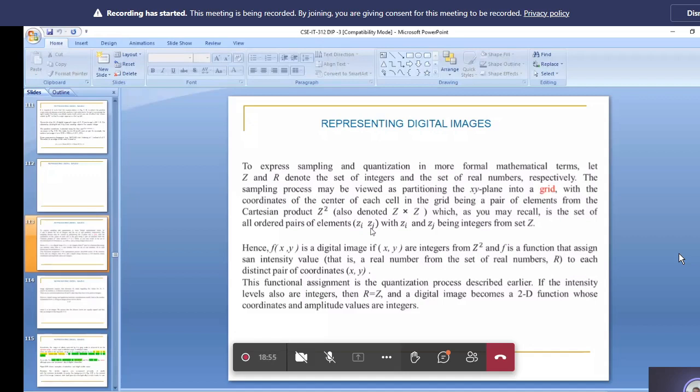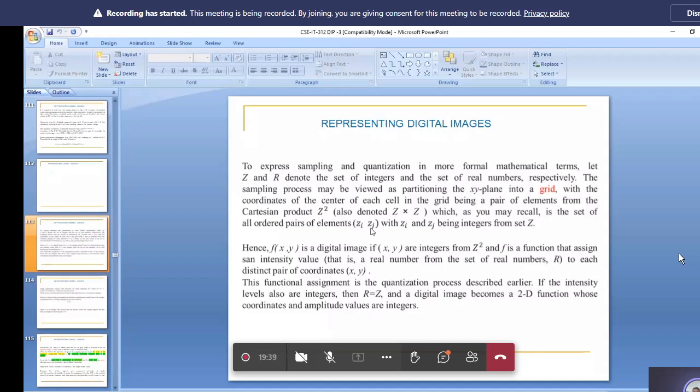So we can call an image a digital image if its integers, the values of x and y, are from Z square, and at the same time the value of f of x y, the intensity value, must be a real number, from this real number set. Suppose the value of this real number is 200, then R must be from that set of 200. Okay. So this functional assignment is the quantization process which I have covered in the previous classes.